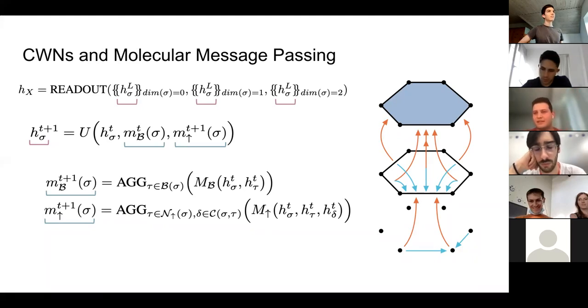A node does not talk directly to the cell it's part of, but it doesn't need to, because that information will reach it in 2 steps or so. So I think it's slightly different, but in general you aggregate the same kind of information eventually.